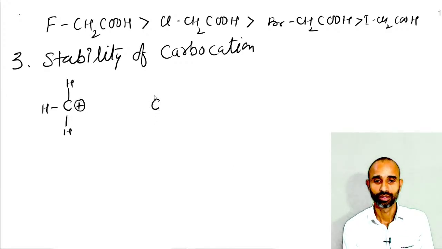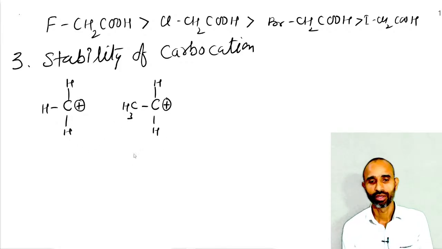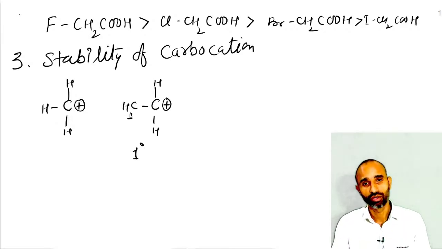Methyl carbocation is a special case. Ethyl carbocation is primary carbocation because positively charged carbon, if it is attached to only one carbon or no carbon, that is called primary carbocation.